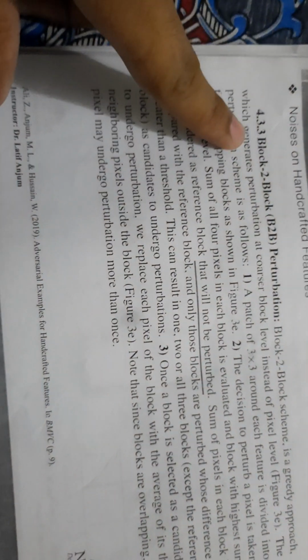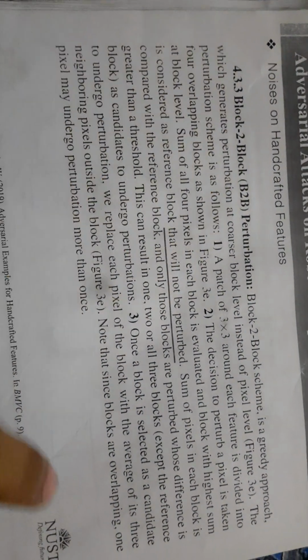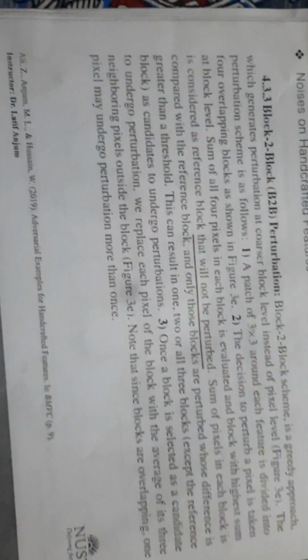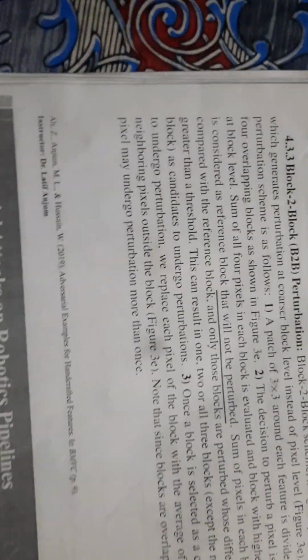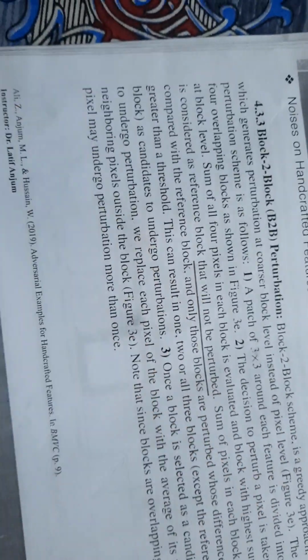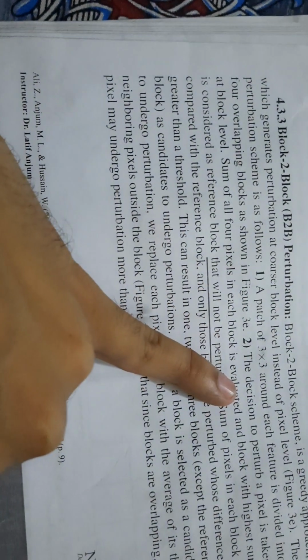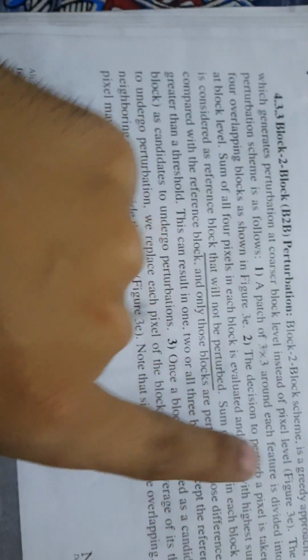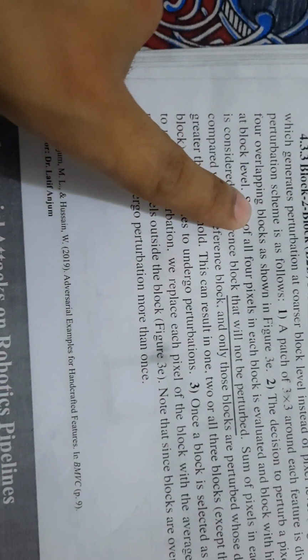Then another strategy is block to block perturbation. In block to block perturbation, they again use a bit more adversarial approach, an adversarial pro max approach, which they call the greedy approach. They created a 3 cross 3 patch around each feature, and then divided it into 4 overlapping blocks.